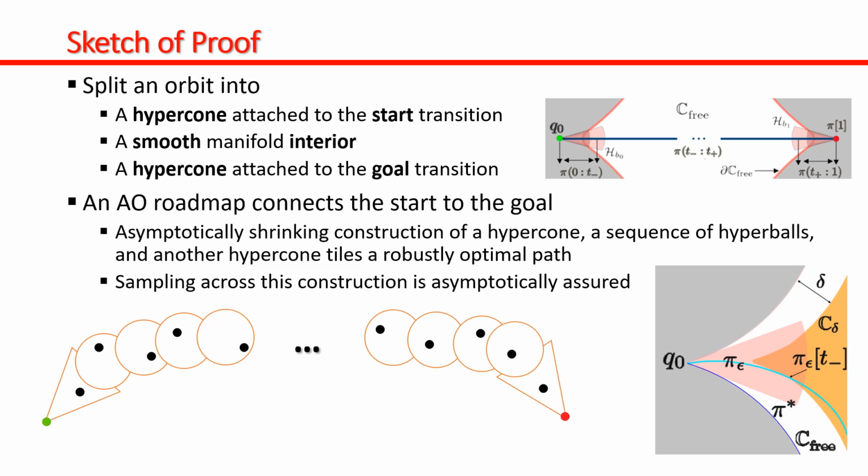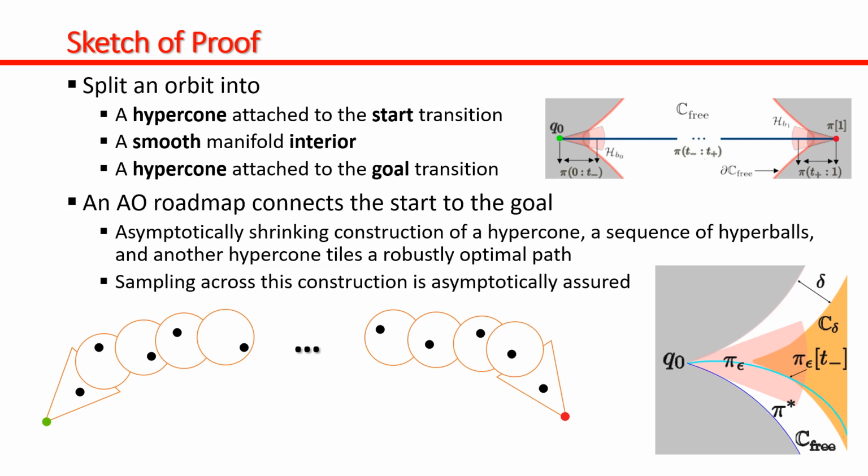The typical asymptotic geometric construction in a roadmap tiles hyperballs in the interior of the space, and we still do that, but we do that till the opening of these hypercones. And the only thing we need to show is that the roadmap is assured to drop samples not only in each of these hyperballs, but also in a constant number, or in the specific case, 2 hypercones.